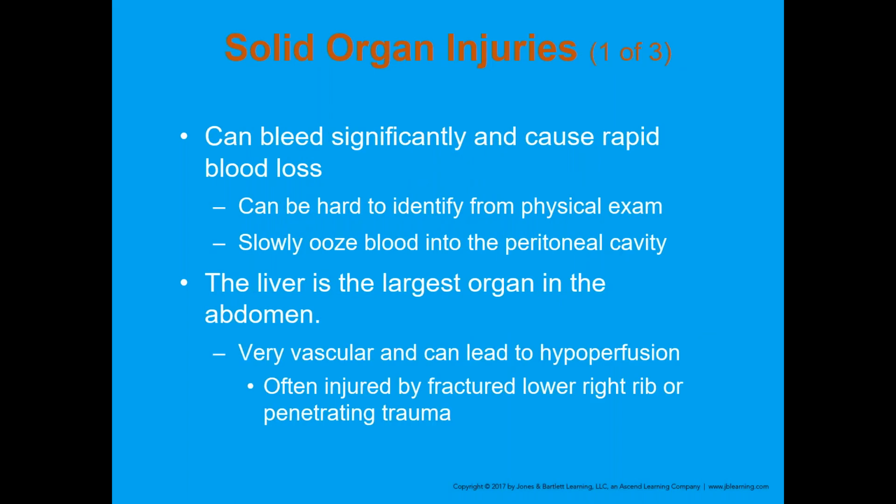When we talk our solid organs, they can bleed significantly rapidly, or they can just slowly ooze into the peritoneal cavity. Your patient is really going to present one of two ways. They're either going to look very hypoperfused right away because they've lost a ton of blood into that abdominal cavity, or it's going to be a slow roll.